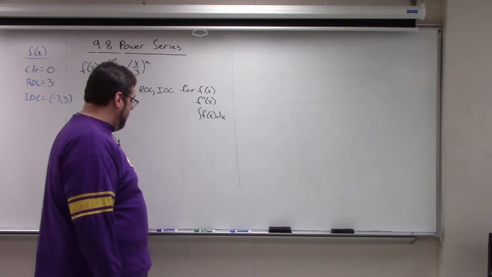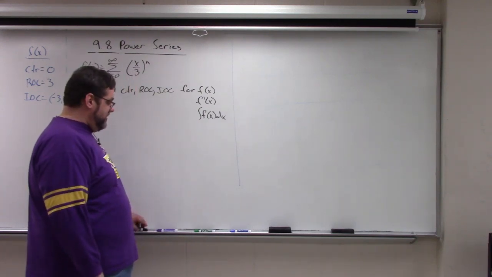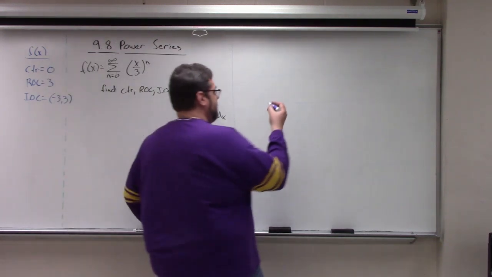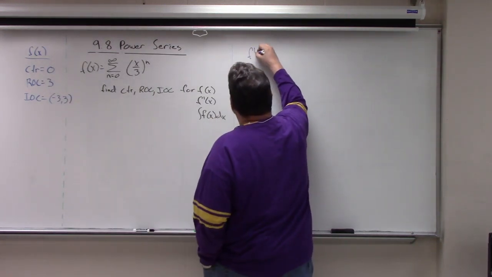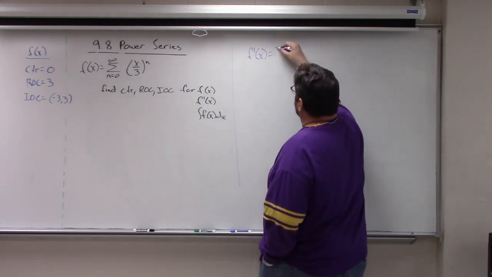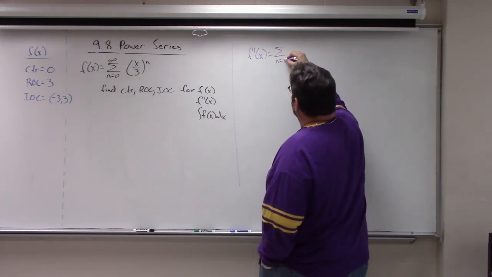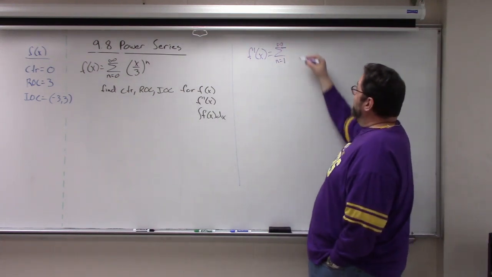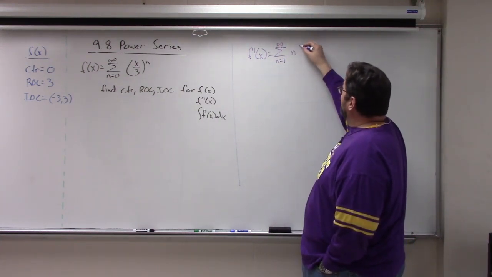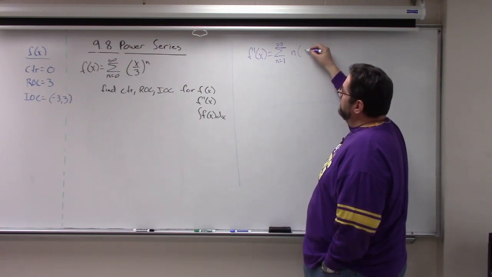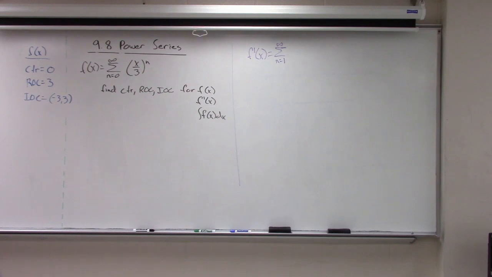Now what I don't know is what that derivative is going to be. So let's find it. We have this nice formula that told us to find the derivative, it's going to be the sum from 1 to infinity of n times, I got to be real careful here. Okay, sorry about that.